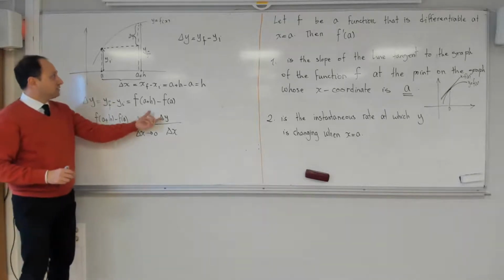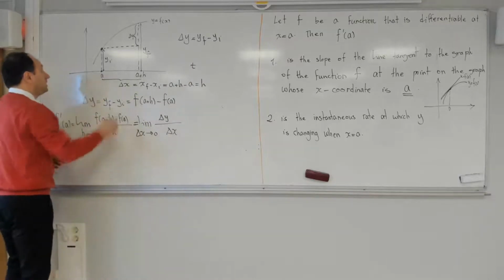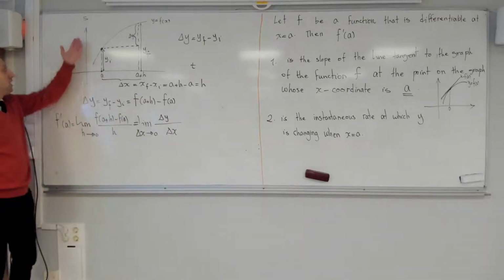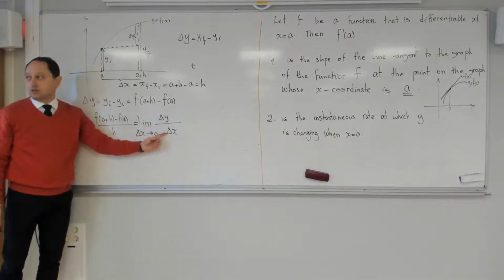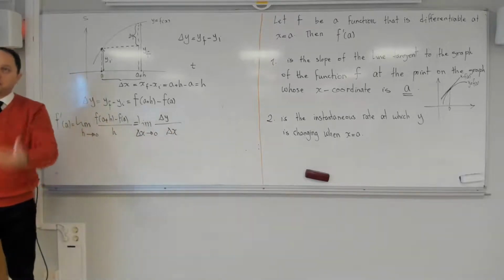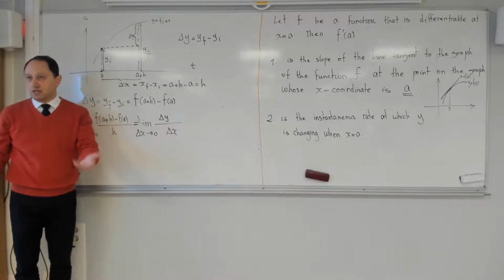But assume that, for example, the x coordinate is time. For example, the y coordinate is the displacement. It doesn't matter. I can write, instead of delta y, delta s. Instead of delta x, delta t. But delta s is measured, for example, in meters. Delta t is measured in seconds.